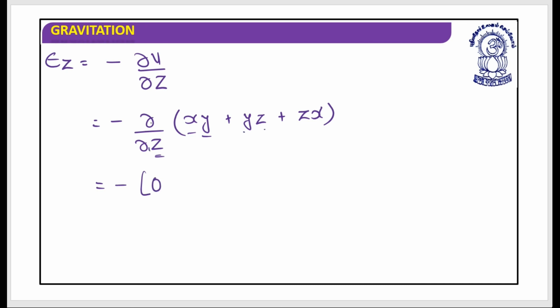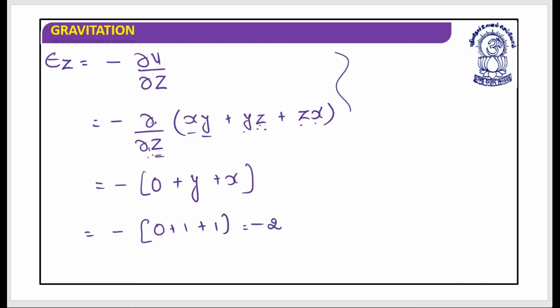Del by del z of yz, this is del by del z of z, which is equal to 1, so I need to write it as y. Del by del z of z into x, del by del z is 1, and I have x. So this is equal to minus of 0 plus 1 plus 1, basically it's 2, or I should say minus of 2.